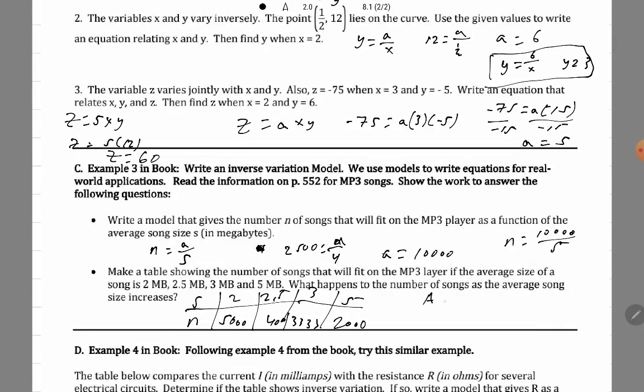So as the average size of the song increases, the number of songs decreases.